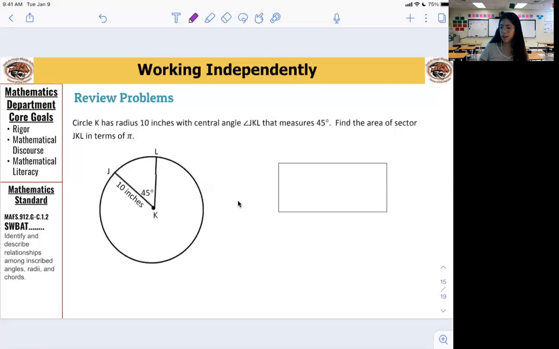Just send me what you got. If you don't have the full answer, just tell me what you have so far.